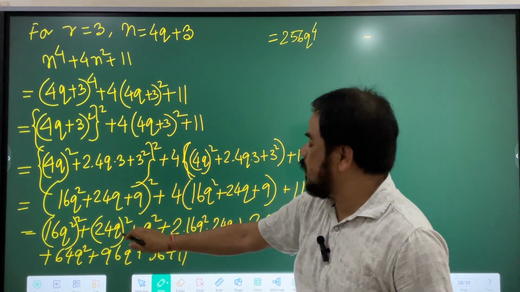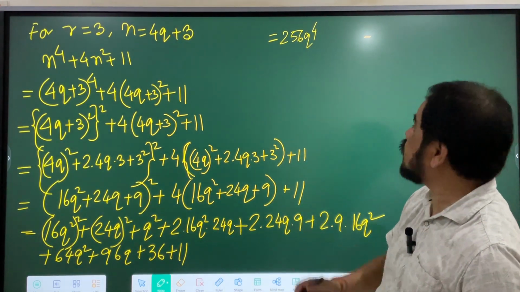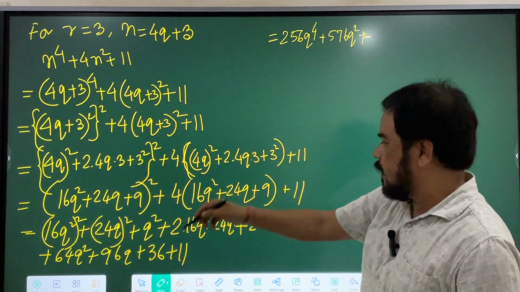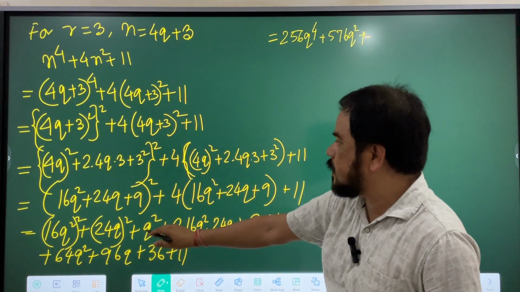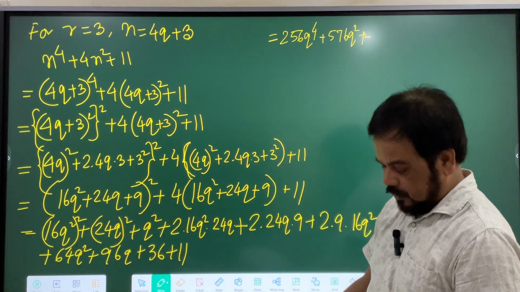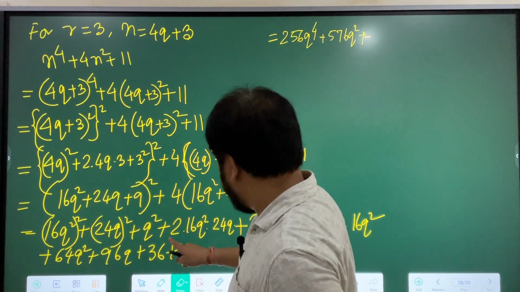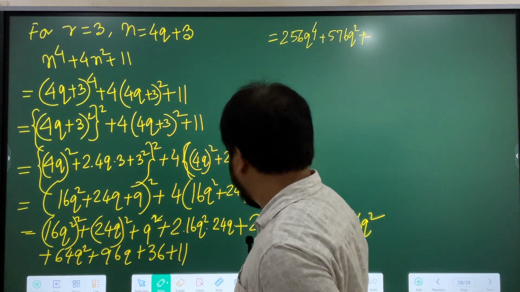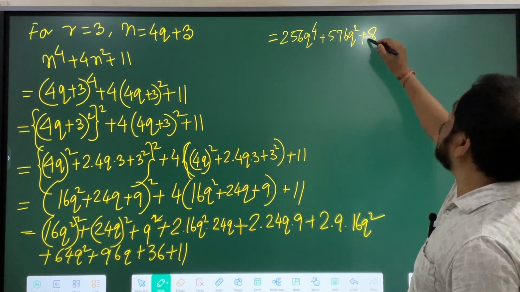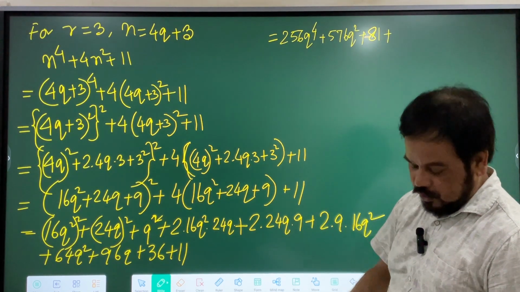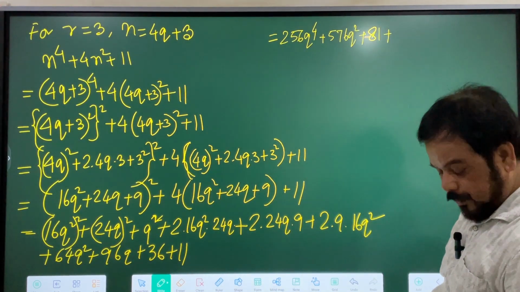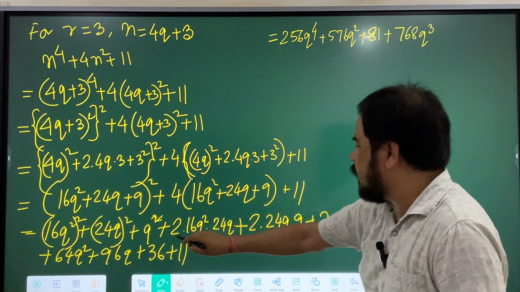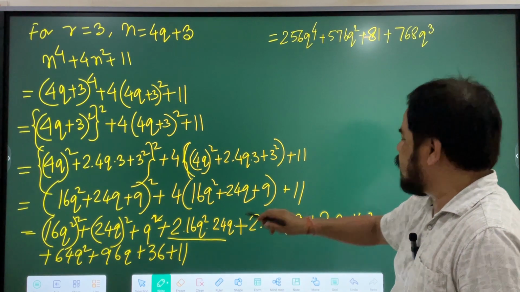This one, 24 square is 576 q square, plus, this is 9, not q. 9 square is 81, plus 2 into 16q into 24q is 768 q cube. q square into q is q cube.